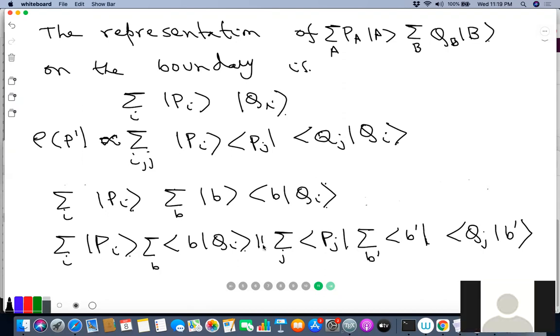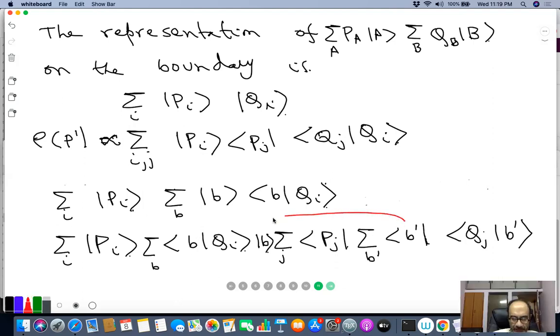Now I have to bring this B prime here, and take the trace, because you are trying to trace out the B, right? So you have to bring this one here. That one gives a delta B prime B, because B is an orthonormal basis.